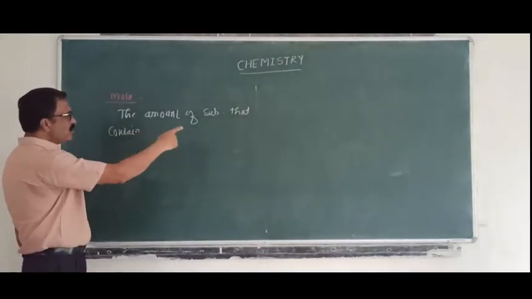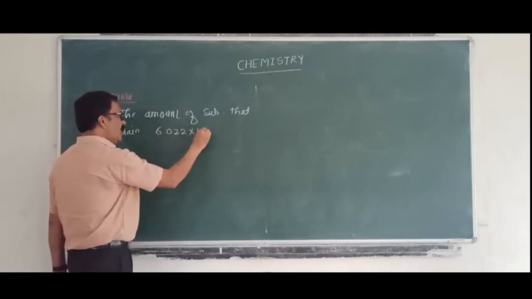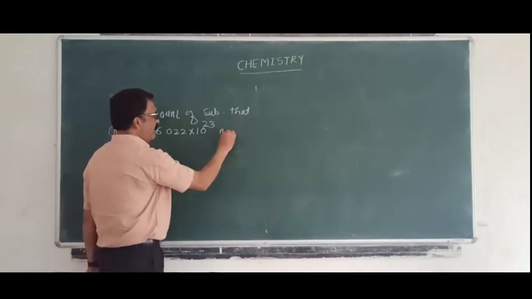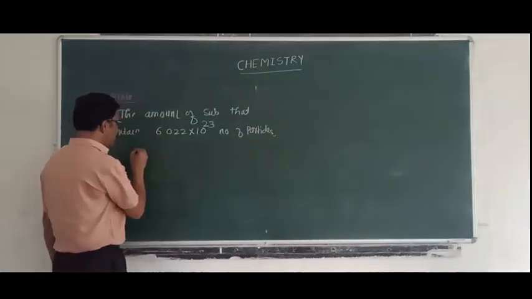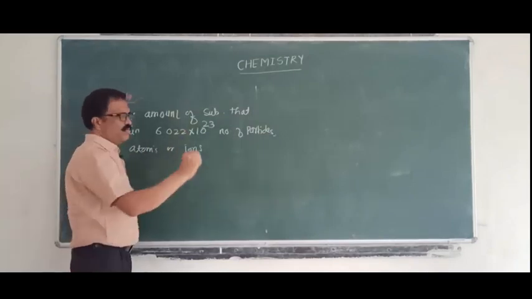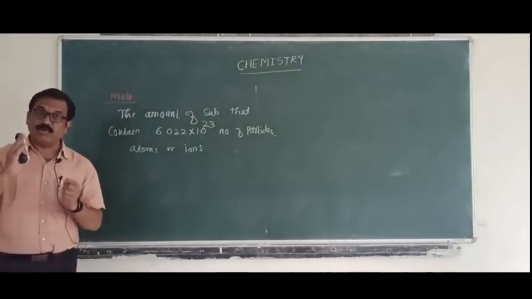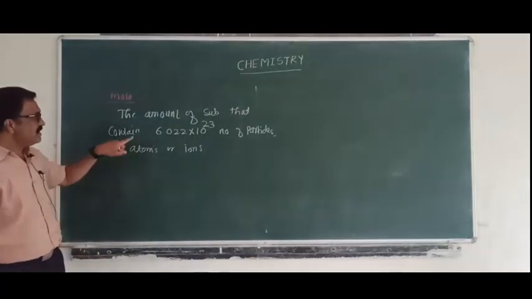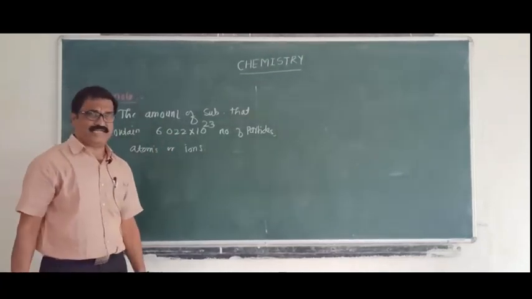That is, the amount of substance that contains 6.022 into 10 raised to 23 number of particles, atoms or ions is known as a mole. 1 mole is nothing but the amount of substance which contains Avogadro's number of particles, that is 6.022 into 10 raised to 23 number of particles.